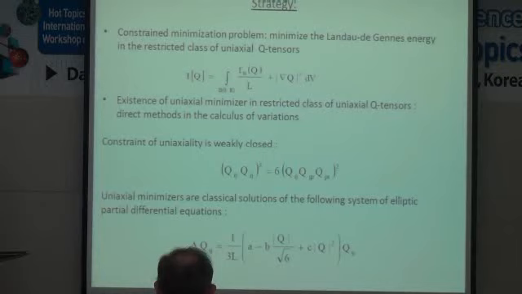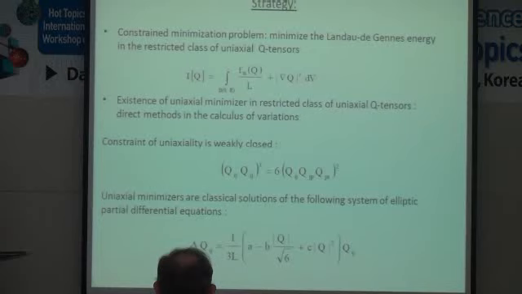So not the class of all Q tensors, not the class of all uniaxial and biaxial, but a restricted class of uniaxial Q tensors. You can prove that this constrained minimization problem is well posed. So for every A negative, you can find a minimizer in this constrained class. Let's call it QEA, and it exists.